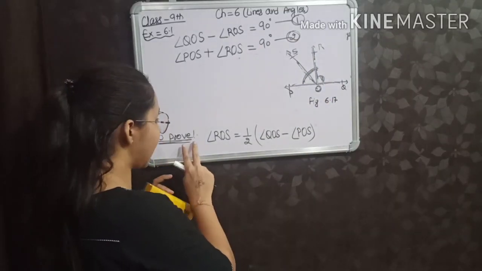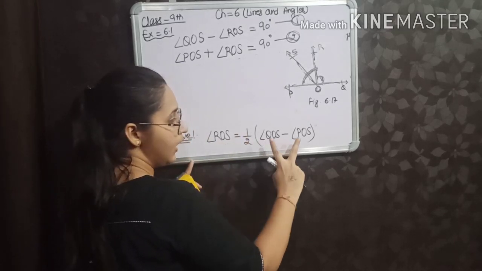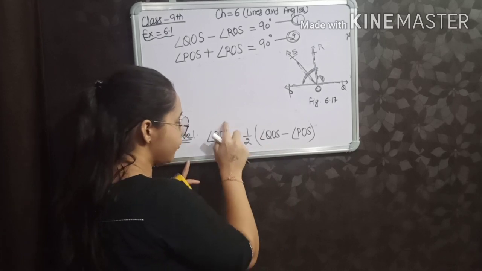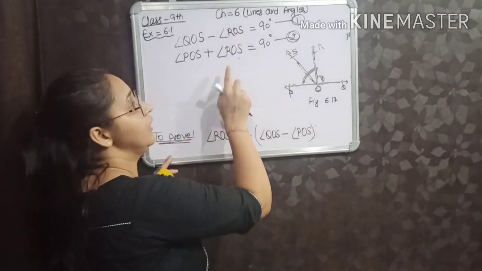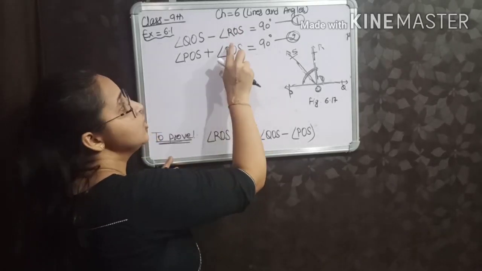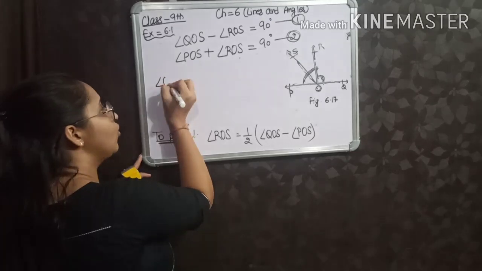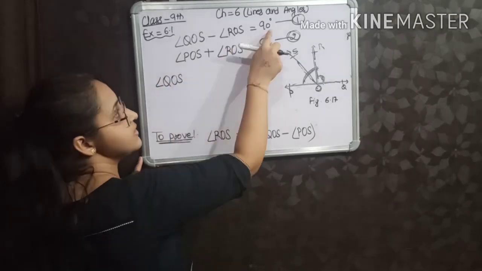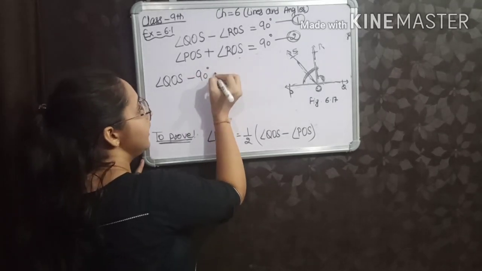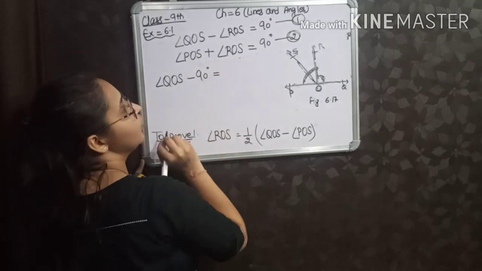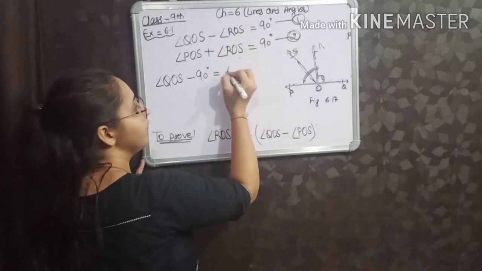Now see that we have to prove that angle ROS is equal to 1 by 2 of this value. So first of all, we will evaluate the value of angle ROS from these two equations. From the first equation, we can write angle QOS as it is, this 90 degrees will come to the left-hand side with a negative sign, and this ROS will go to the right-hand side with a positive sign.